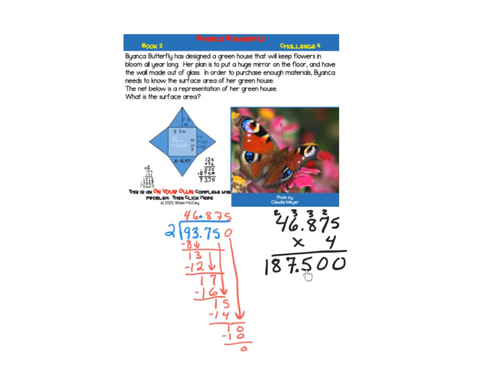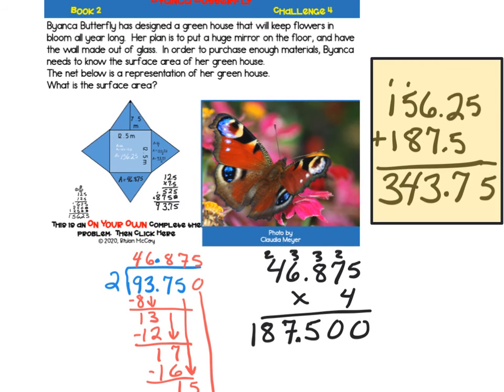So now all I have to do is take this 187.5 and add it to the 156.25. And voila, the final answer, my friends. 156.25 plus 187.5 is going to give you 343.75, and these are meters squared.